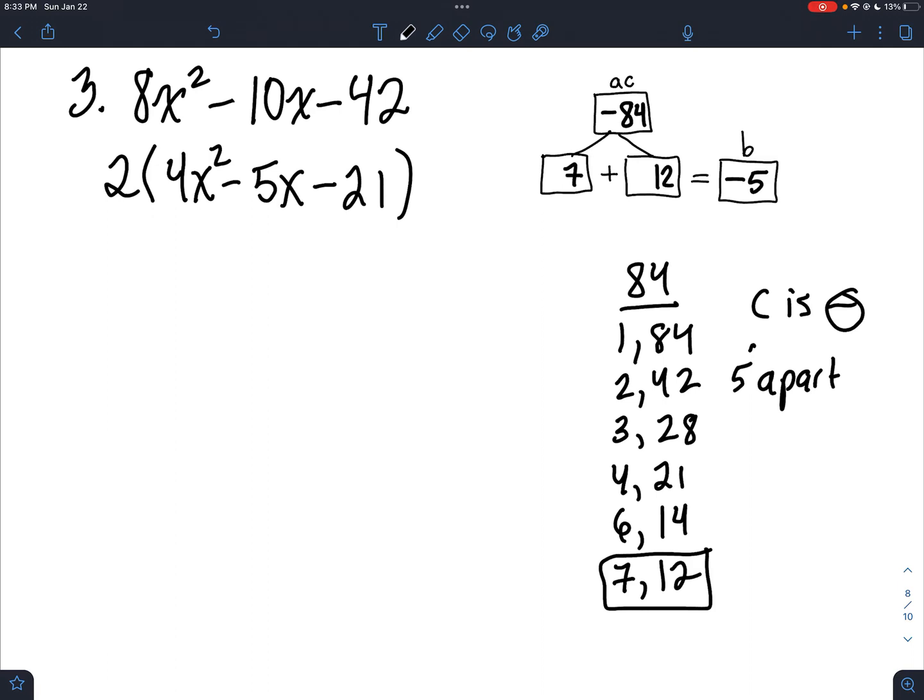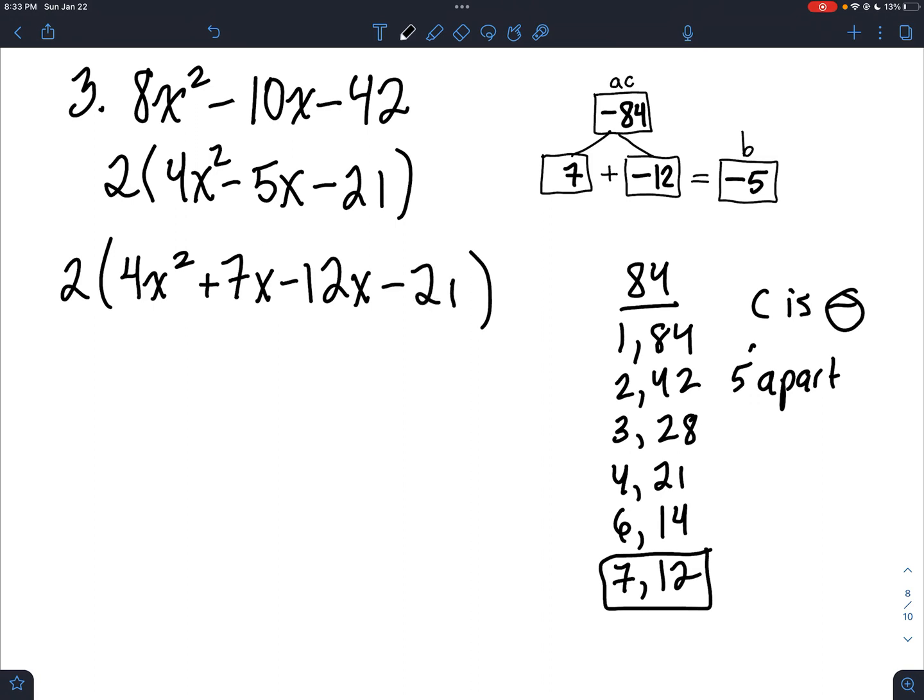So I know this is going to be 7 and 12, but there's got to be a negative sign somewhere because those add to 19, and the negative should go here. So when I factor this guy, I'm going to go ahead and break it apart. So what am I doing? I'm taking this and I'm breaking it apart into this, which is told to me there.